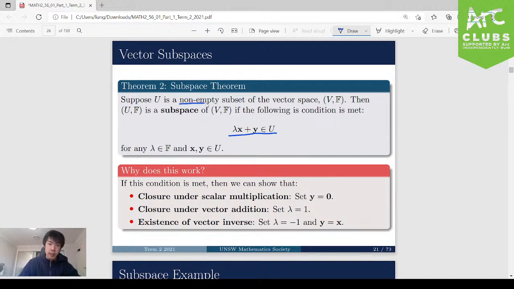If you have that it's non-empty and that this is satisfied, so closure when you take a linear combination of your elements X and Y, then you can already claim it as a subspace.